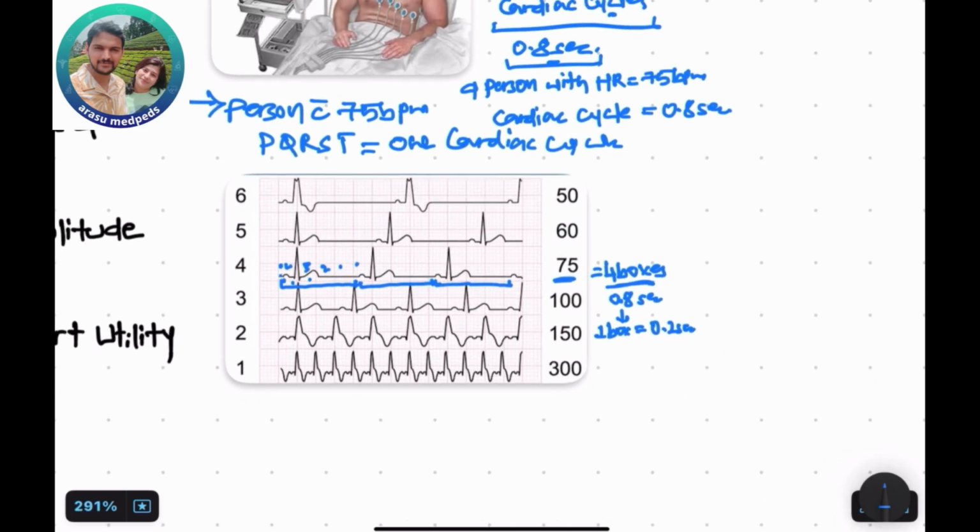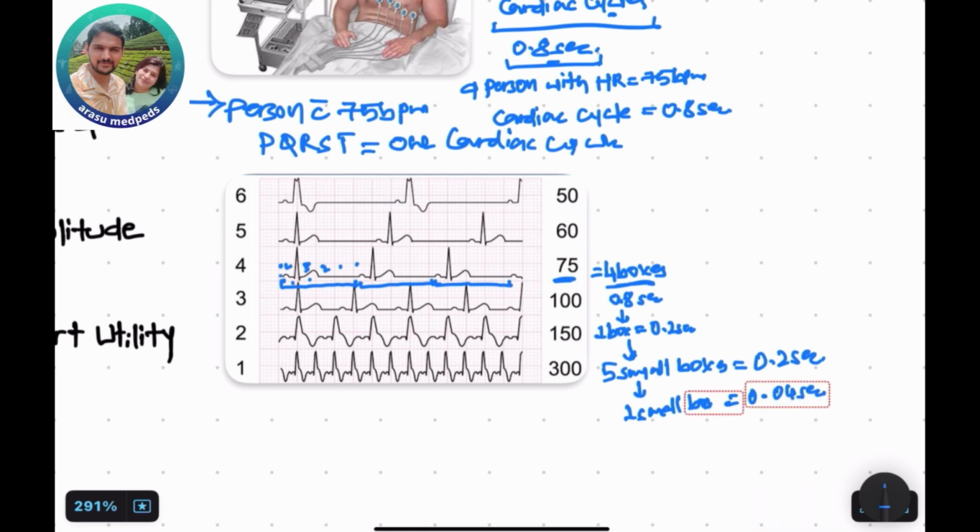And if we make it even smaller, one large box has 5 small boxes, right? So 5 small boxes is equal to 0.2 seconds. So one small box will be how much? We have to divide it. So it will come to 0.04 seconds, right?